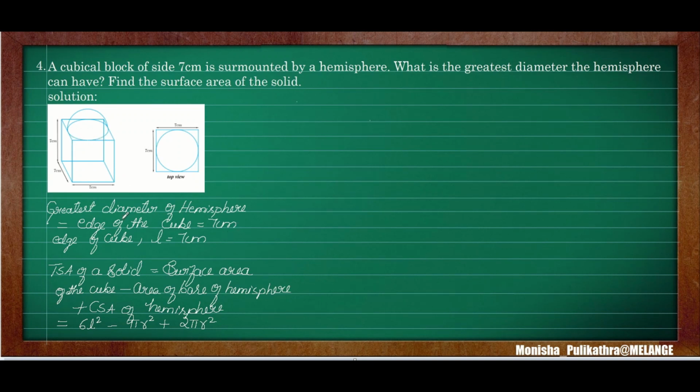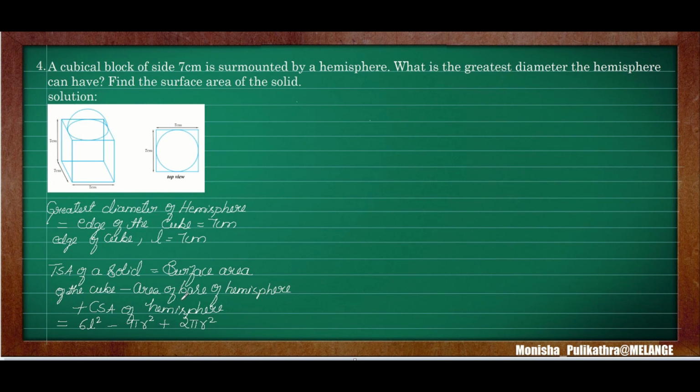Next, the edge of the cube is given by L, which is equal to 7 centimeter. Now we need to find the total surface area of this solid. We need to remove the hemispherical part. Therefore, the total surface area of the solid is equal to the surface area of the cube minus the area of the base, where the circular shape is, plus the CSA of the hemisphere.